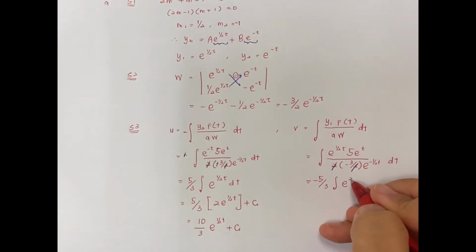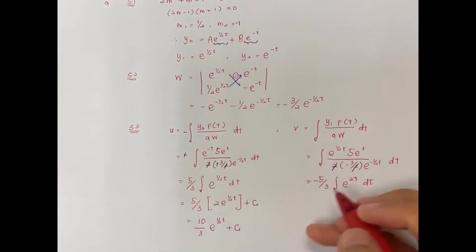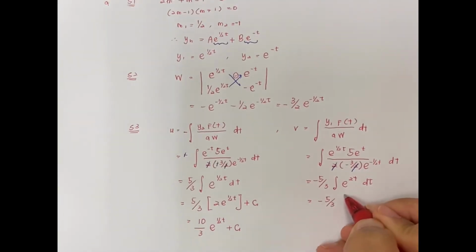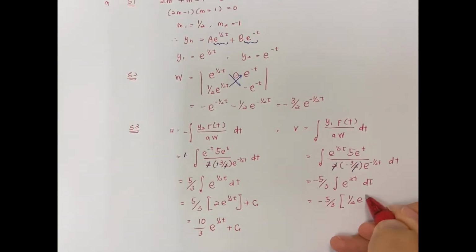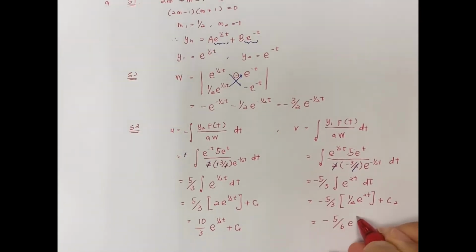You have 2t dt. Okay, multiplication of exponential, you need to know this. Okay, so negative 5 over 3, and this is 1 over 2 exponent 2t plus c2. So you have 5 over 6 exponent 2t plus c2.